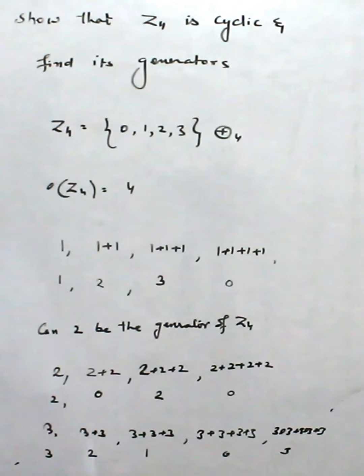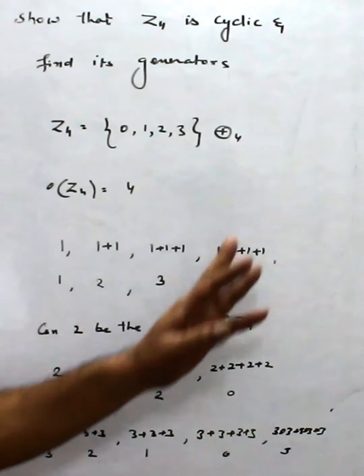That means it starts repeating, so 3 is a generator. 0 is also not able to generate any element.